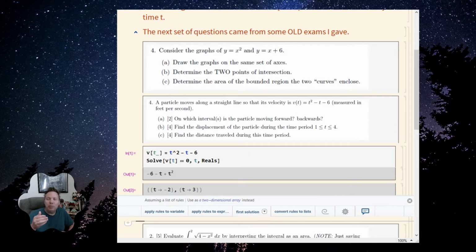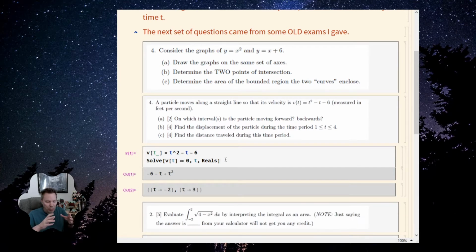So usually when we're talking about a particle moving in a straight line, we do not concern ourselves with negative values of t. So I'm going to ignore the t equals -2 part of this. So I need to figure out between 0 and 3 and greater than 3 what the velocity is.